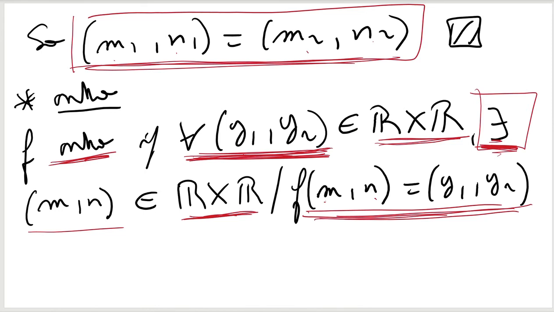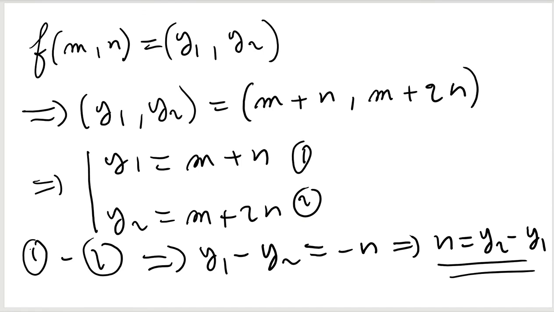We pick any random y1, y2 and see if we can find m, n that fulfills this condition. So we have f of m, n equal to y1, y2.